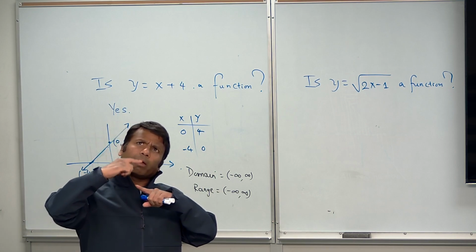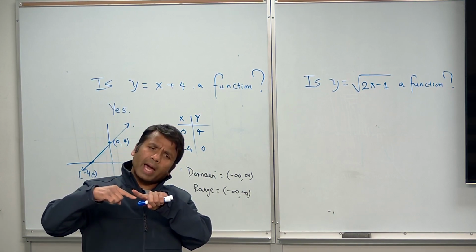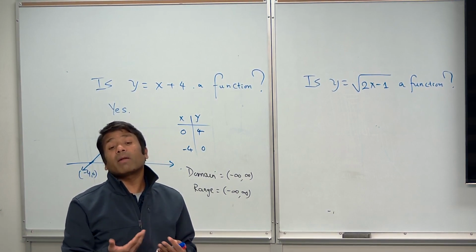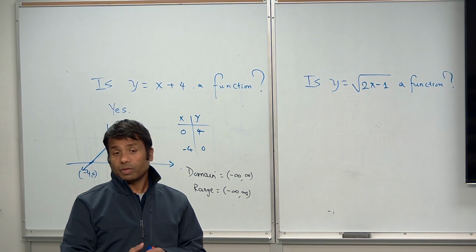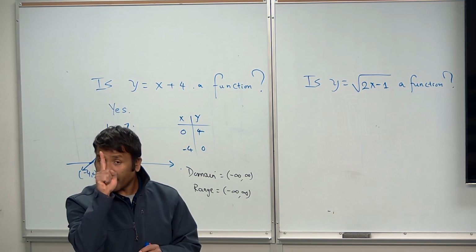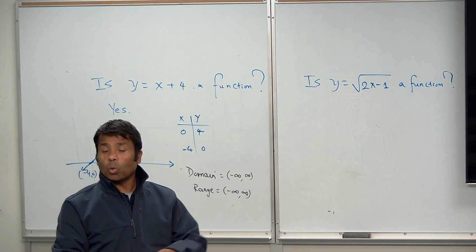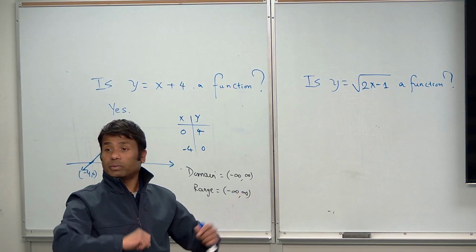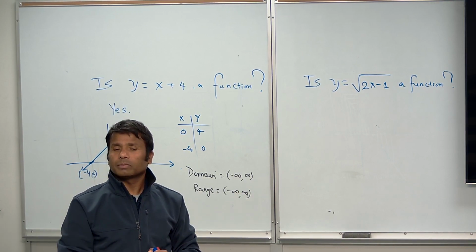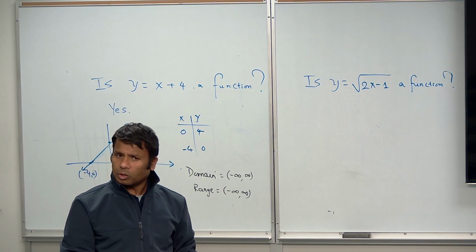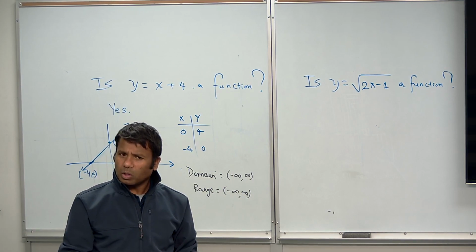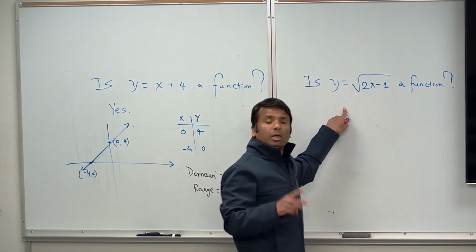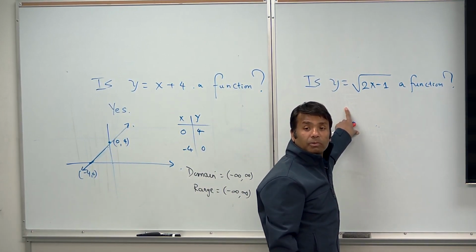Do we have a value of x that, when you plug in there, gives you more than one value of y? Can you come up with an x value that, when you plug in, produces more than one y value? Do we have such x values?